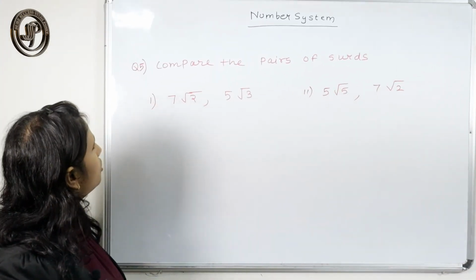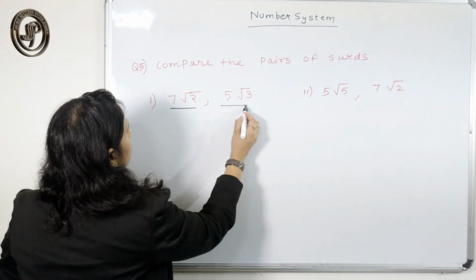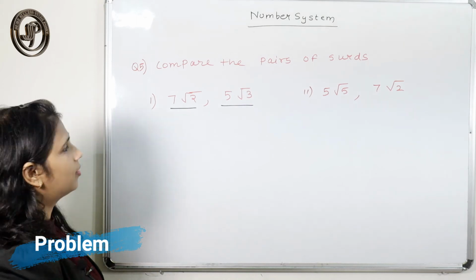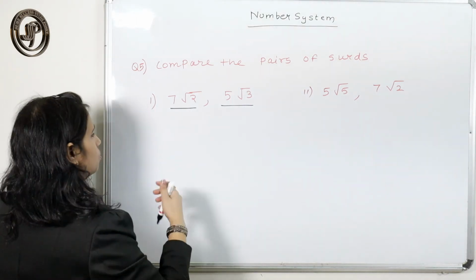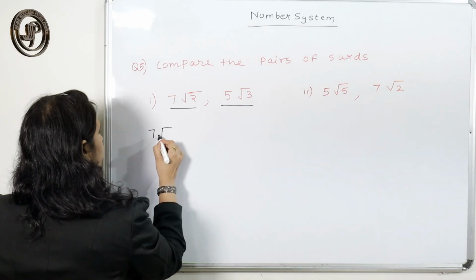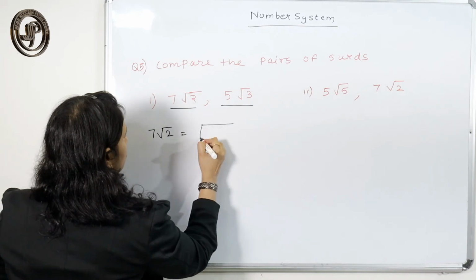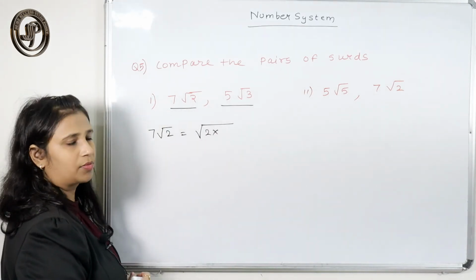So here is a question, compare the following. Here we need to compare these. Compare means we have to find which one is greater. We know that these are mixed surds. So for a mixed surd, first you have to make it a proper surd. How can you make it proper?